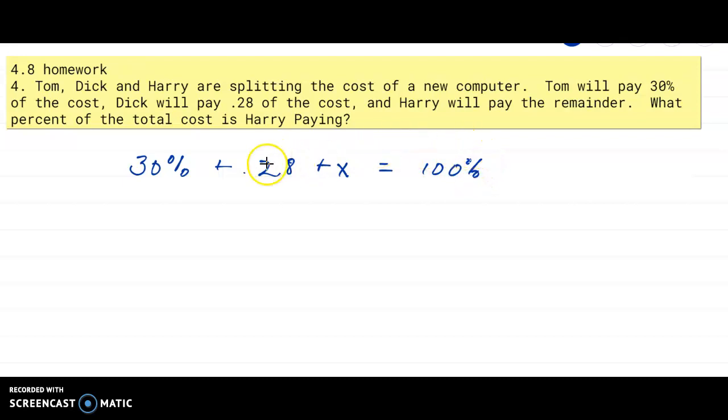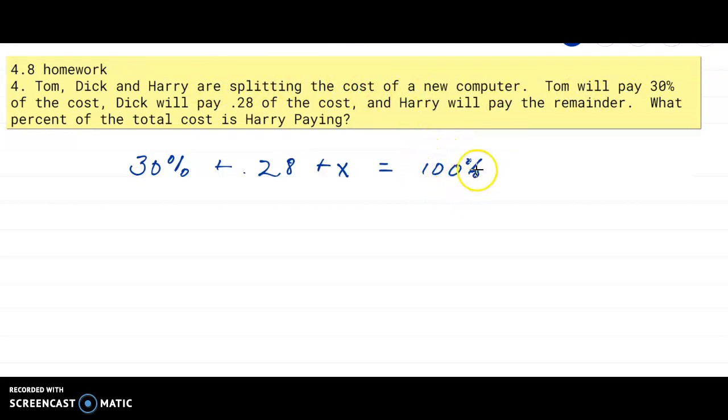Okay, now if you're not seeing what we're doing here at this point, you really need to stop and think about it. We're adding all of the amounts that the men are paying, and we know that they have to equal 100% of the cost of a new computer.